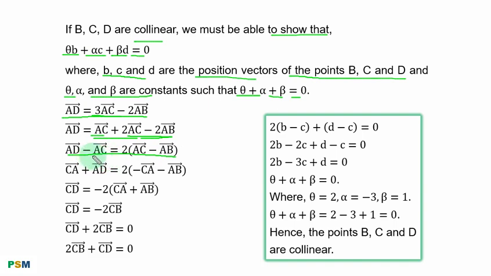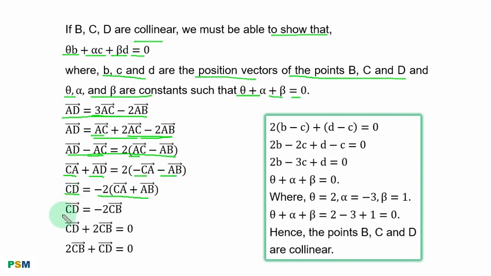If we interchange the position of minus vector AC, it becomes vector CA plus vector AD so that we can add and get this result. Here also, we interchange the position of this vector. It becomes this minus vector AB. If you factor out minus sign, you have it in this form.